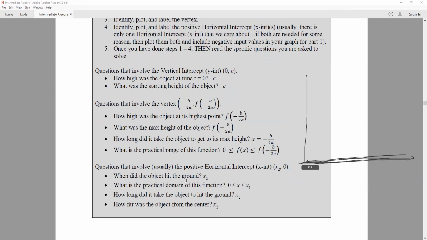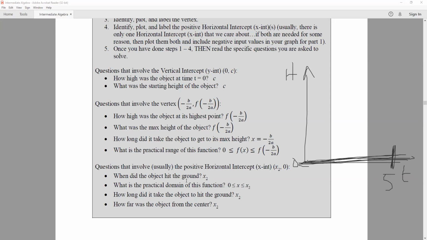If this is the ground, this is my y, height, and this is time. Let's say the object hit the ground at this point, this is 5. So 5 seconds or 5 minutes. So here, y will be 0. When the object hits the ground, the height is 0. So that is y equals 0.